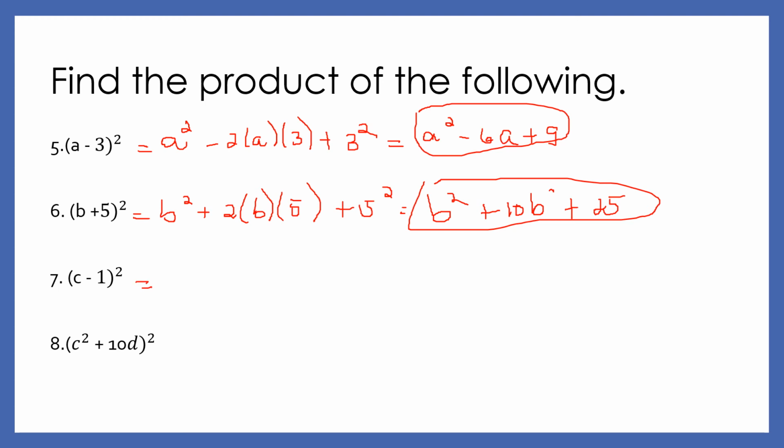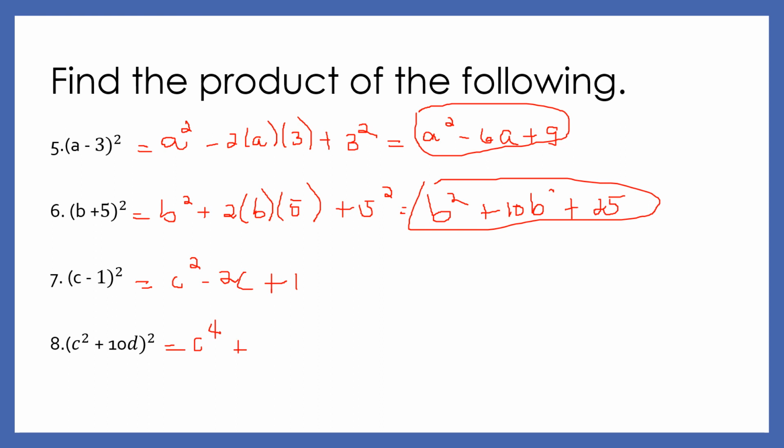Quantity (c - 1) squared. So we have c squared. Diretsohin natin, tingnan natin kung tama ang sagot. 1 times c is c times 2, 2c. Plus 1. Ganun lang kadali. Next, ito. c squared times c squared, c raised to 4.